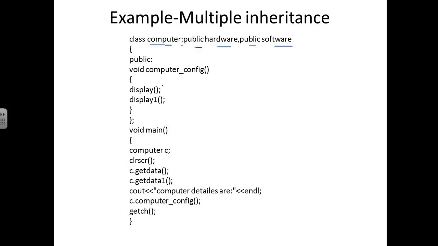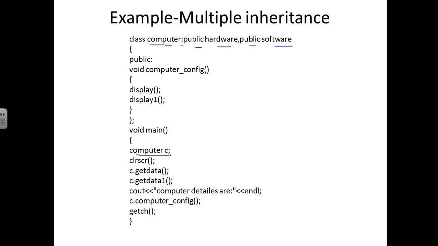We have only one member function called computer configuration. Under this we are calling the two member functions, display and display one: display from the hardware class and display one from the software class. So these two member functions are called from the derived class, right? From the main program, for the derived class I have created the object.